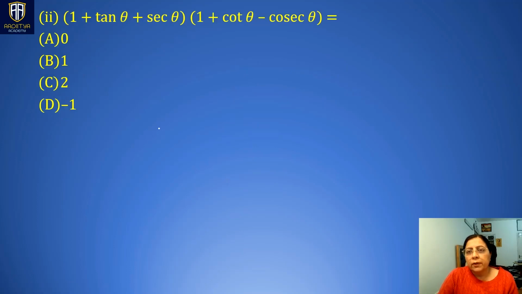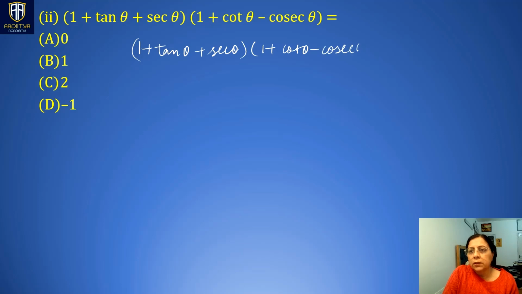Right? Next we have to simplify this expression and check what is the correct answer. So we have 1 plus tan theta plus secant theta, in this we have 1 plus cot theta minus cosec theta. Now we simplify this expression.